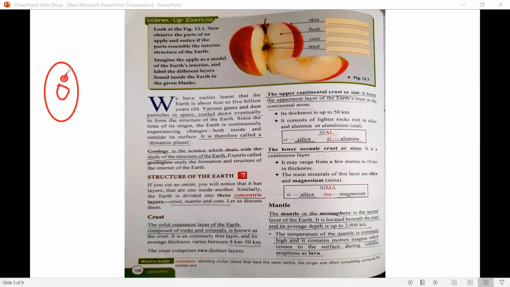We have the outermost layer, which is the crust. Like that only, the earth also has its crust, which has a lot of things, like continental crust and so on. Let's learn them also, what they are.